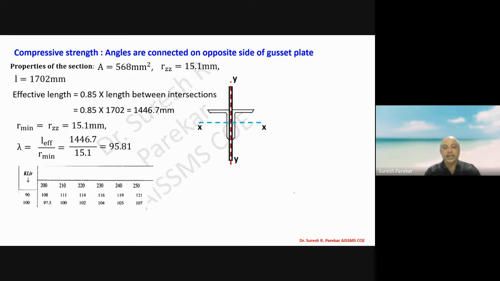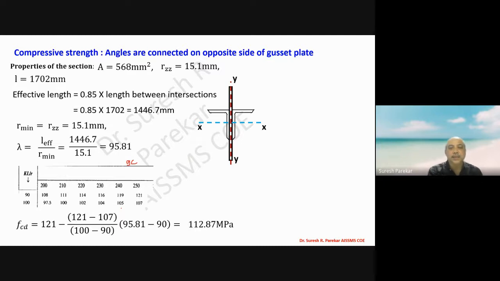We know it is an angle section, curve C, and then FCD comes to 112.87 MPa, and from this 112.87 MPa we are in a position to calculate the value of PD.